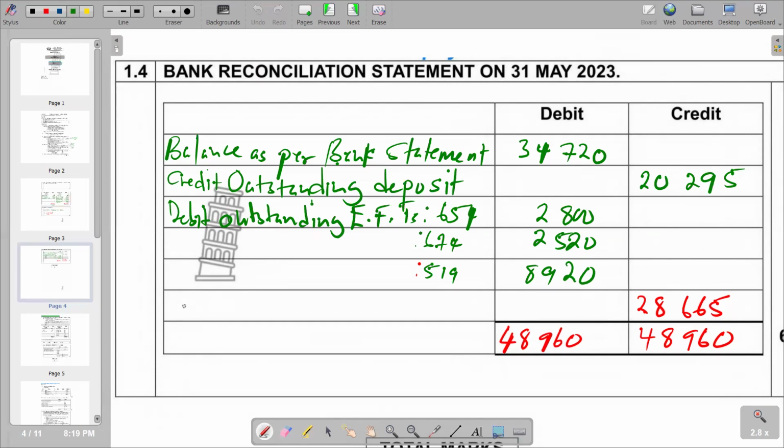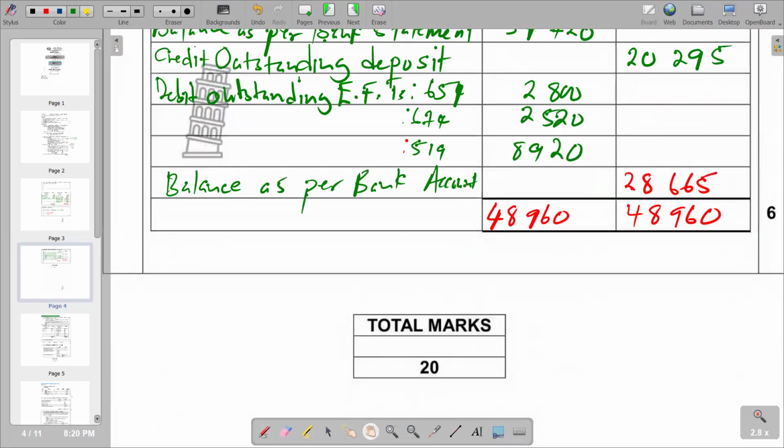So we are saying here, balance as per bank account. And 28,665 in our bank reconciliation statement is a debit balance.